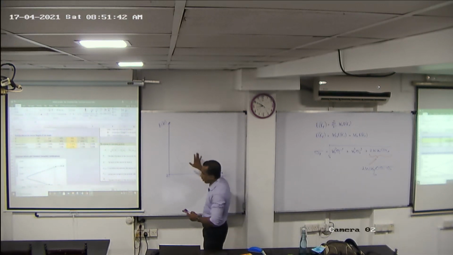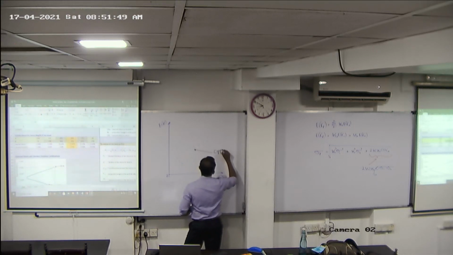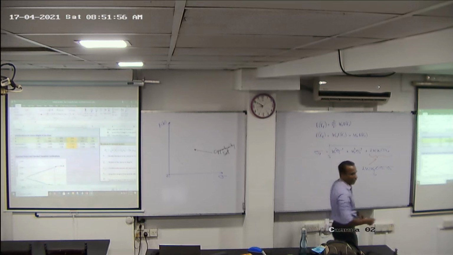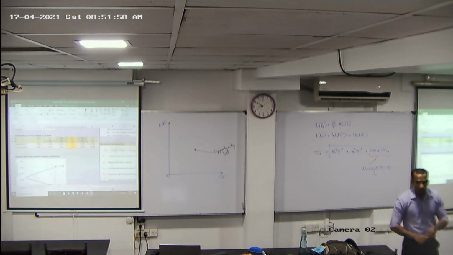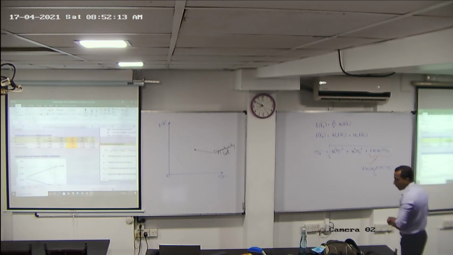We call this the opportunity set. When there are only two assets, by changing the weights of these two assets, it's possible to create so many portfolios, and the impact to the risk depends on the strength of the relationship. Therefore, this is the opportunity set.